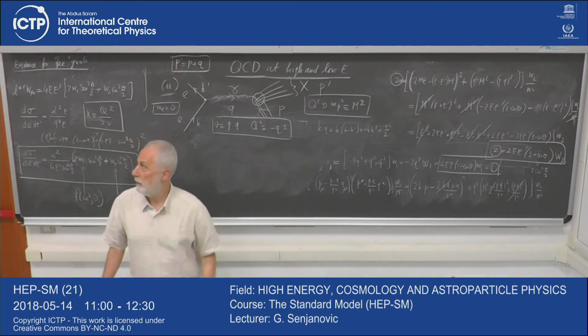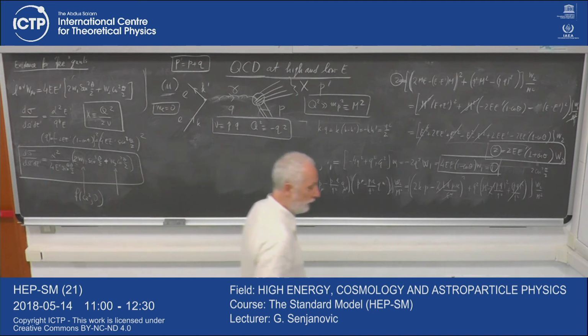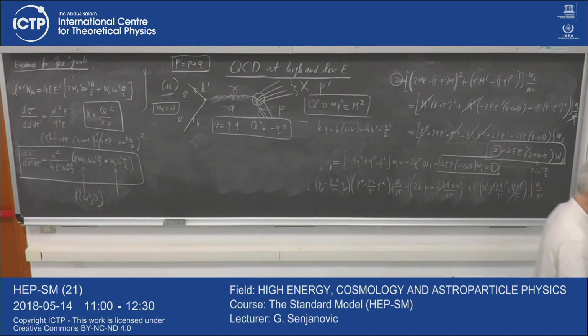So what we should do, briefly, is show you how it emerges from what they call the parton model, which is what Feynman was looking into. You can imagine the proton to be made of 3 partons, as Feynman called them.